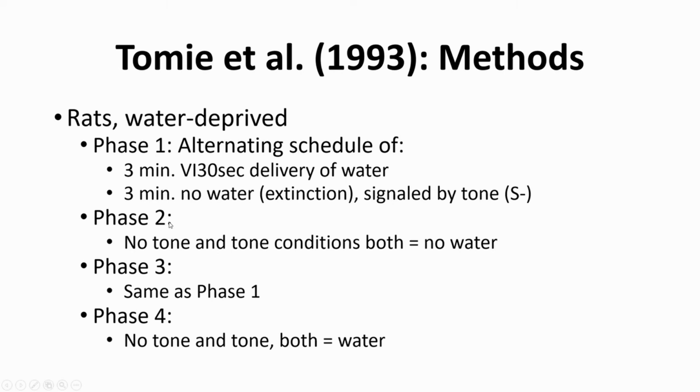So in phase 2, they always get no water, and in phase 4, they just always get water. So we can look at phase 1 and phase 3 as identical, so we should expect very similar results. And phase 2 and phase 4 are opposites, so we should look at what those two look like in comparison to one another.